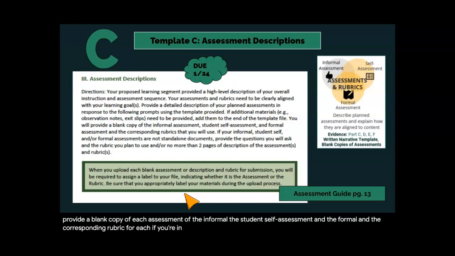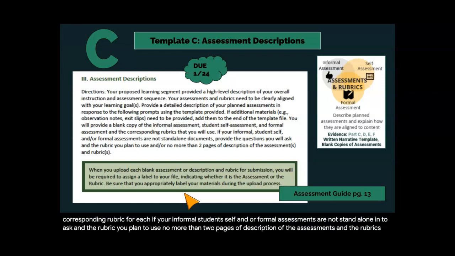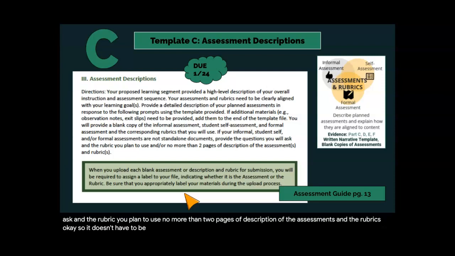If your informal, student self, and/or formal assessments are not standalone documents, then you need to provide the questions you're going to ask and the rubric you plan to use. No more than 2 pages of description of the assessments and the rubrics, okay? So it doesn't have to be heavily in depth.